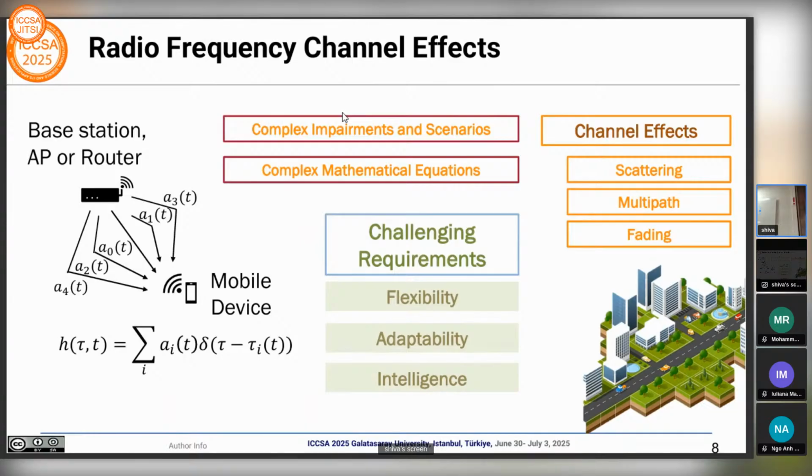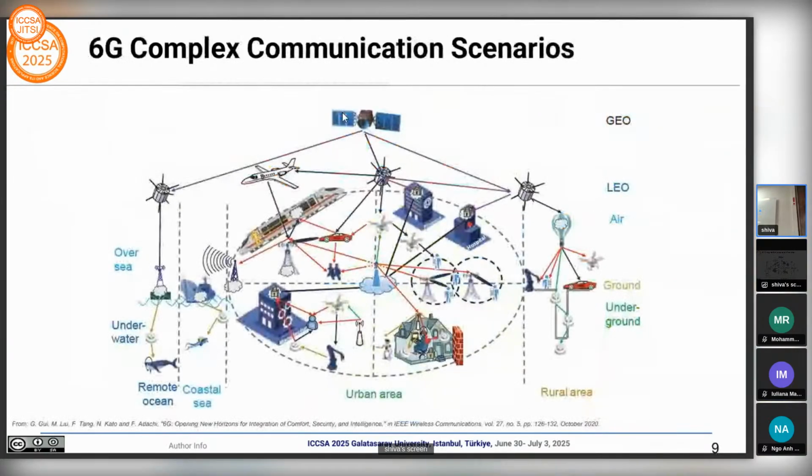And in fact, 6G can have very different and very complex communication scenarios. We will have different areas with different ranges, from, for instance, an urban, really small area to a rural, very wide area.